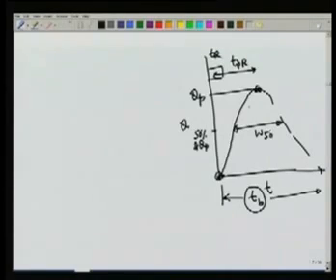Similarly, we can also provide some equation for W75, which is at 75% of QP. So once we know these 4 or 5 different parameters, it would be much easier for us to sketch the unit hydrograph. So let's first look at this TB, the time base.